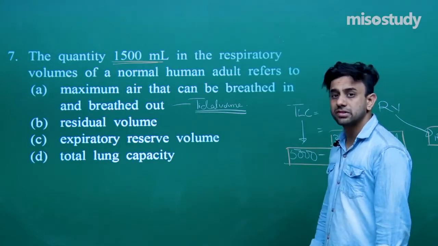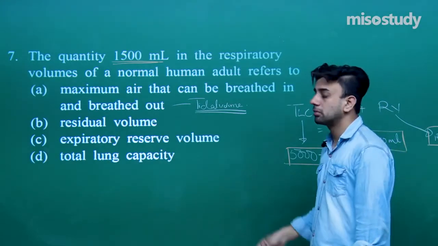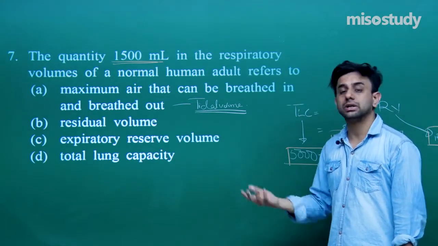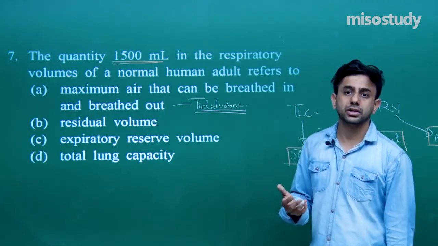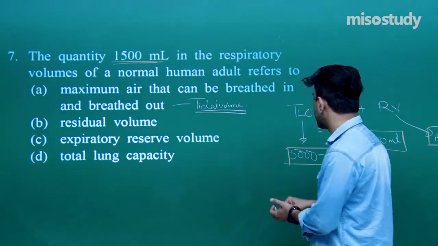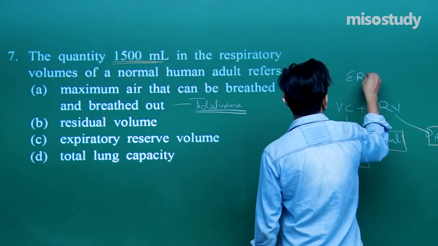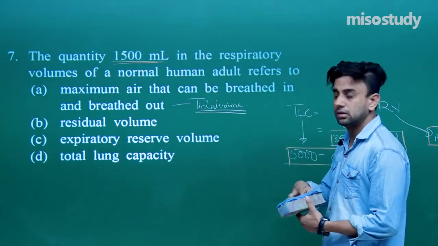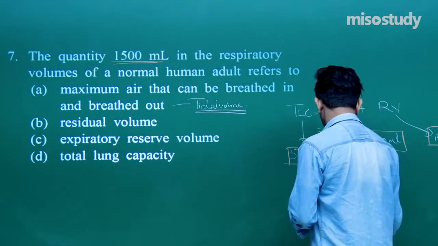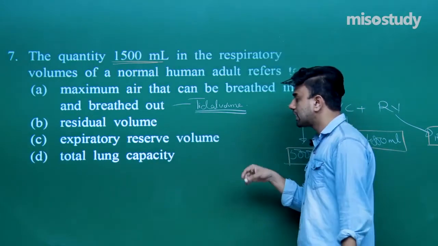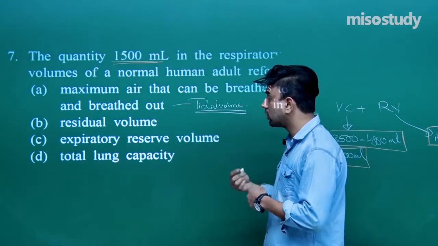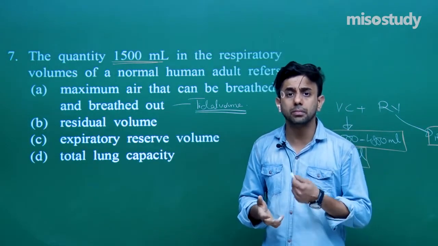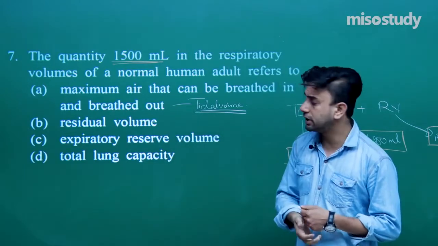What is the expiratory reserve volume? Expiratory reserve volume is the volume of air that can be breathed out, that is, by forceful expiration after the normal respiration, right. So, it is the volume which you try to exhale after the normal breathing, that is over the tidal volume.